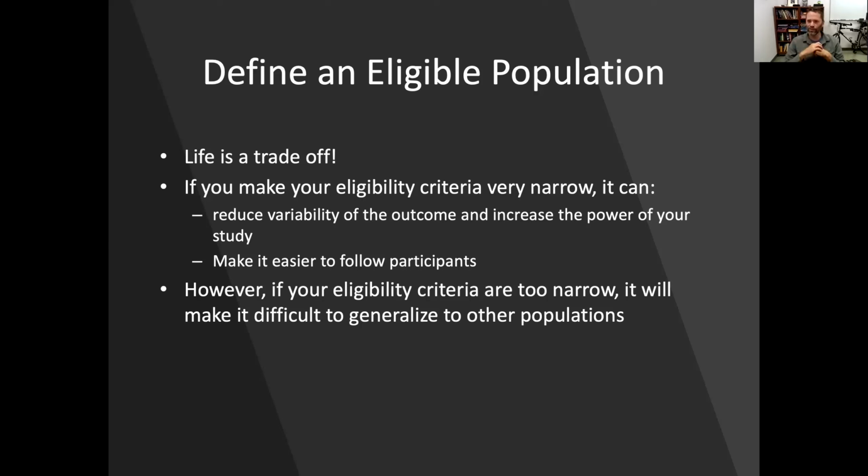And the reason for doing that was because we could only get about 25 people anyhow, because this was going to be an incredibly expensive trial. So we couldn't really enroll very many people to begin with. So we made our eligibility criteria really narrow because we wanted to reduce all of the possible variability that we could think of. We were looking at BMI changes over time. And so we were trying to get as narrow a range of baseline BMIs as possible. And by doing that, we were essentially increasing the power of our study.